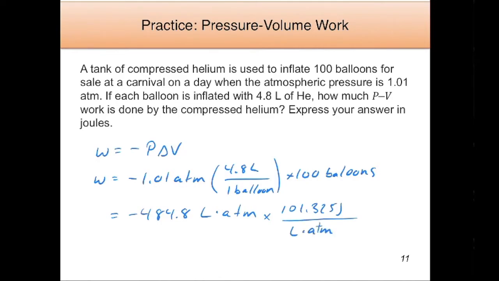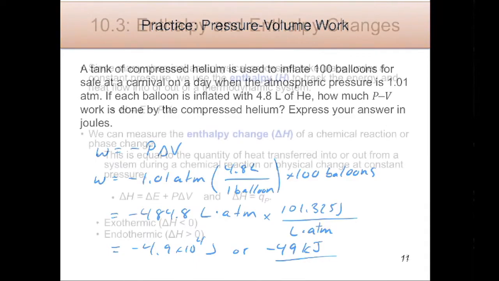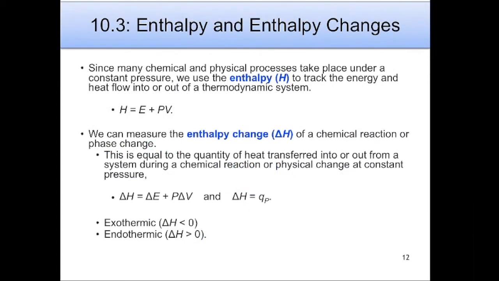And then what that equals in joules is minus 4.9 times 10 to the 4 joules, or minus 49 kilojoules. So how do we know that this makes some sense? Well, we know that work is being done on the surroundings, right? The system is doing work on the surroundings, so we should end up with a negative value for work, and that's what we get. So now let's talk about enthalpy and enthalpy changes.